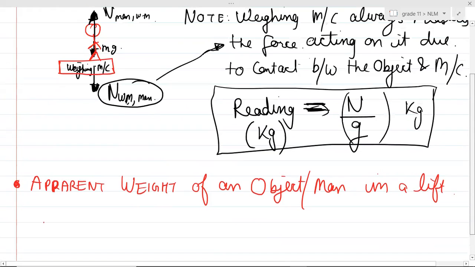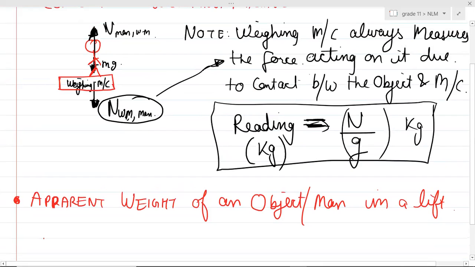By the way, if you want to know what should be the reading of this weighing machine, then if you can just find out this N anyhow, if you can find this N, automatically you'll find out the reading. Yes or no, guys? So the basic thing is to calculate the value of N to find out the reading.